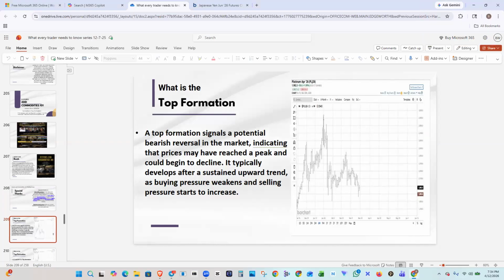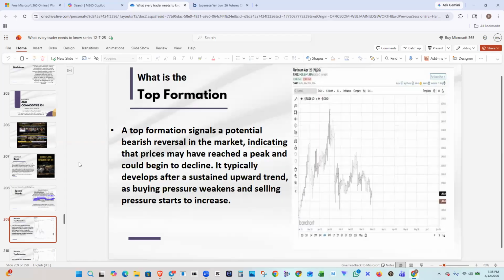Okay. All right, everybody. Now we're going to talk about a top formation. Before I get into this, I want to remind everybody, we just covered the bottom formation. The bottom formation is used for all of us that think about buying low, selling high.